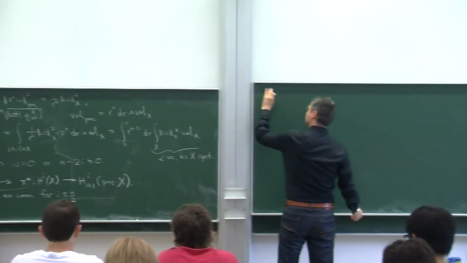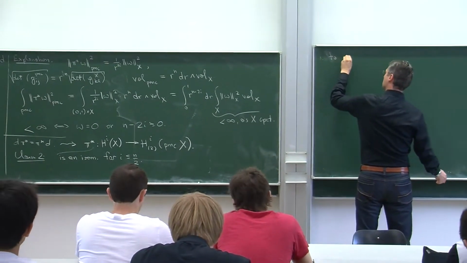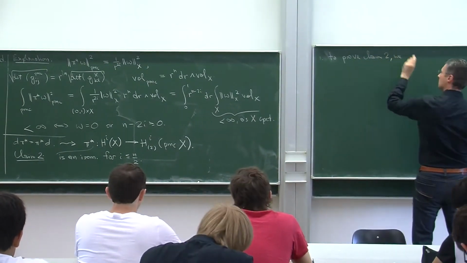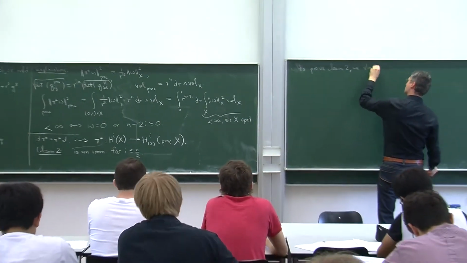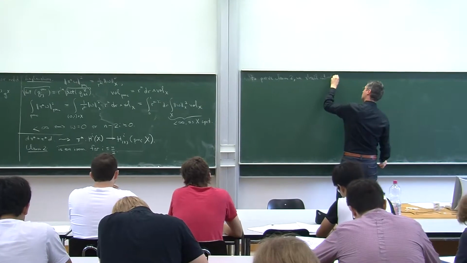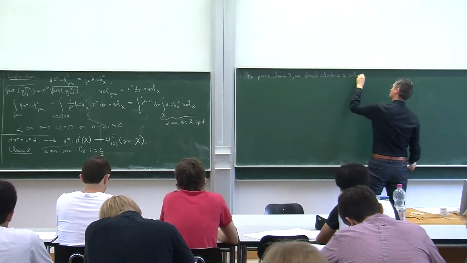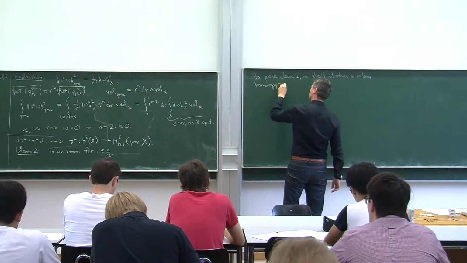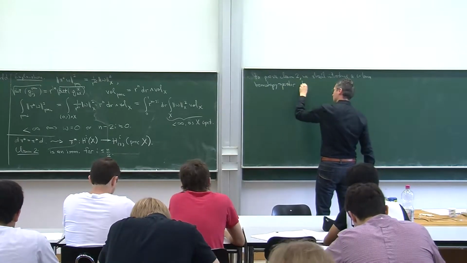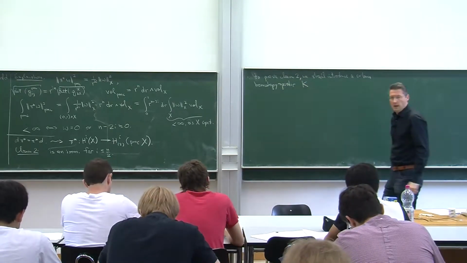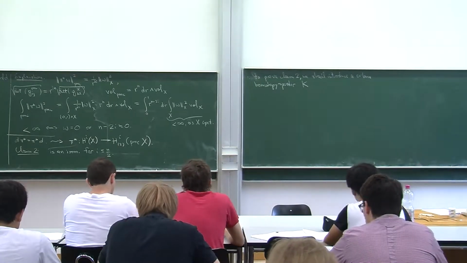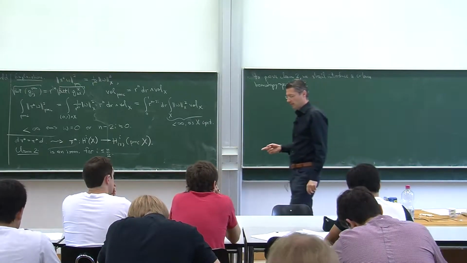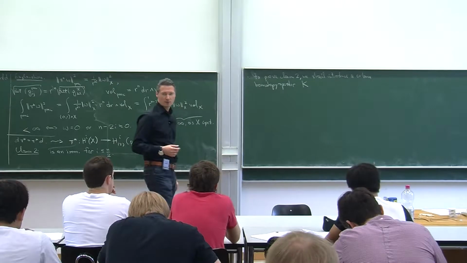So in order to prove claim 2, we shall introduce a certain homotopy operator K. And as you probably know, a homotopy operator in terms of the degree shift always goes opposite to the boundary or co-boundary map.